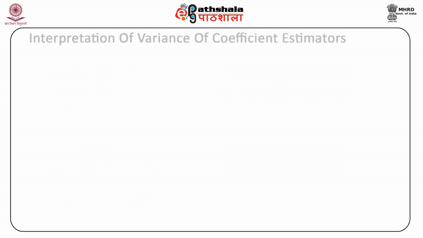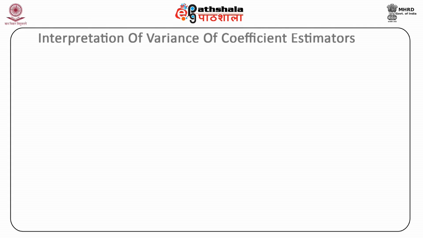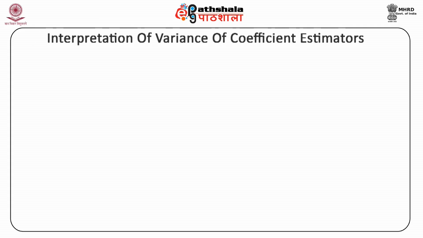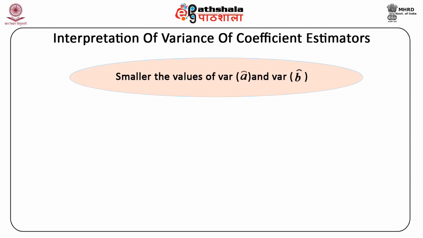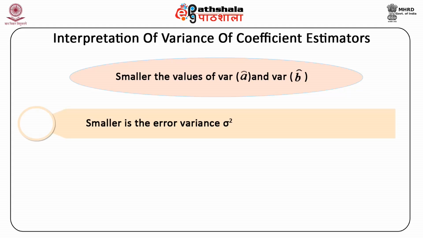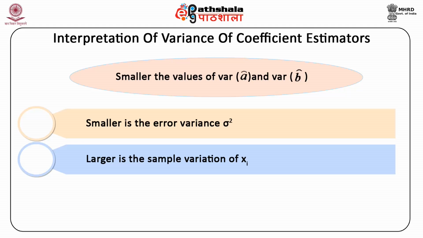Further, we shall discuss the interpretation of variance of coefficient estimators. Smaller the values of variance of a hat and variance of b hat, smaller is the error variance sigma square, and larger is the sample variation of xi about their sample mean.